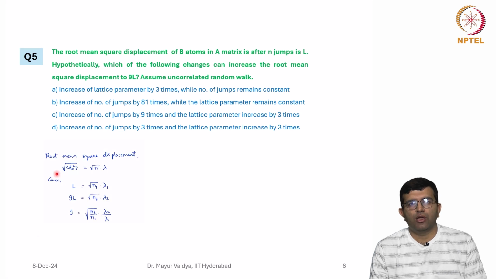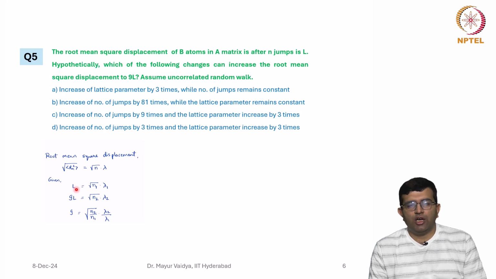Let us see first that the root mean square displacement is equal to root n times lambda, where n is the number of jumps and lambda is the jump distance. It is given that after n jumps the root mean square displacement is L, so that is root n1 into lambda 1, and 9L, after certain changes, is root n2 times lambda 2.